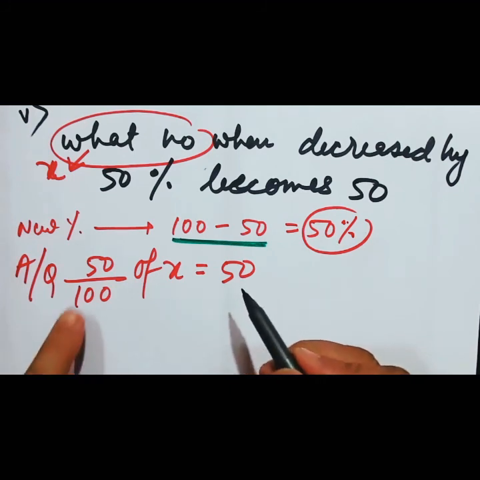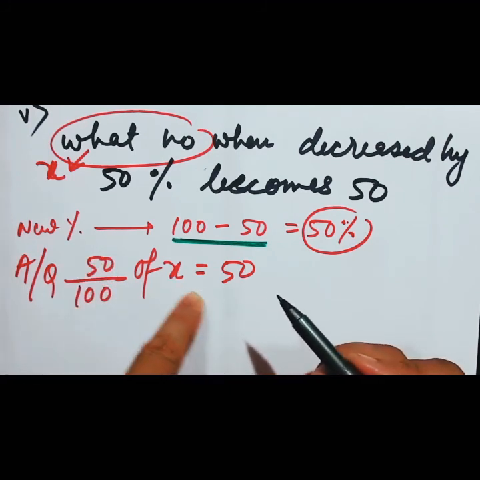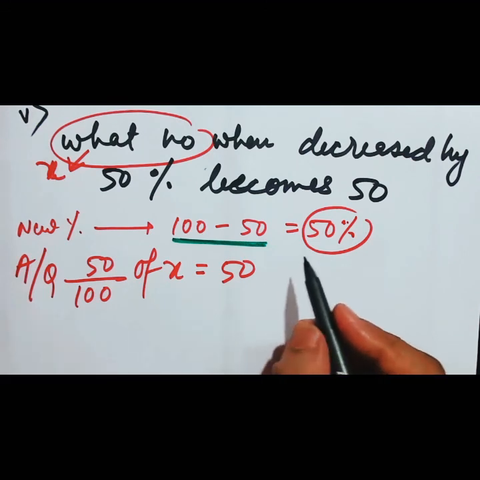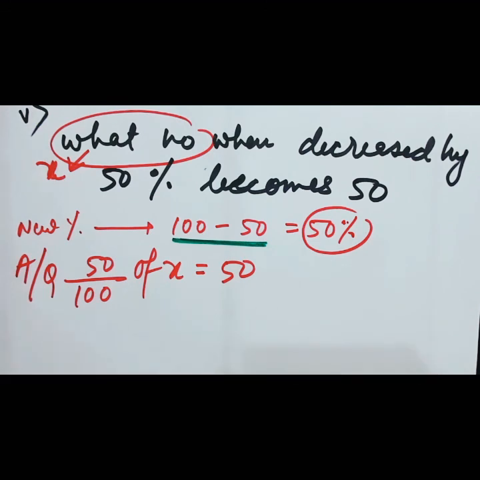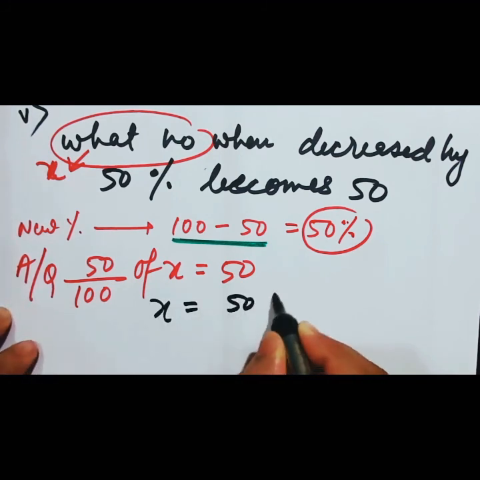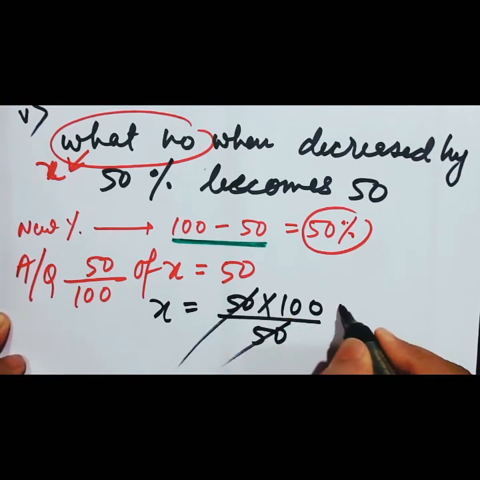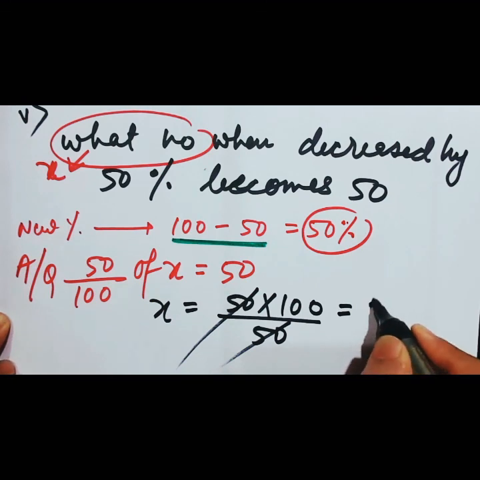Because if you would directly write 50% of x, you might be losing some marks. Therefore, the value of x will be equal to 50 multiplied by 100 divided by 50. You people can see that it gets cancelled, and what remains is 100. So 100 when decreased by 50% becomes 50.